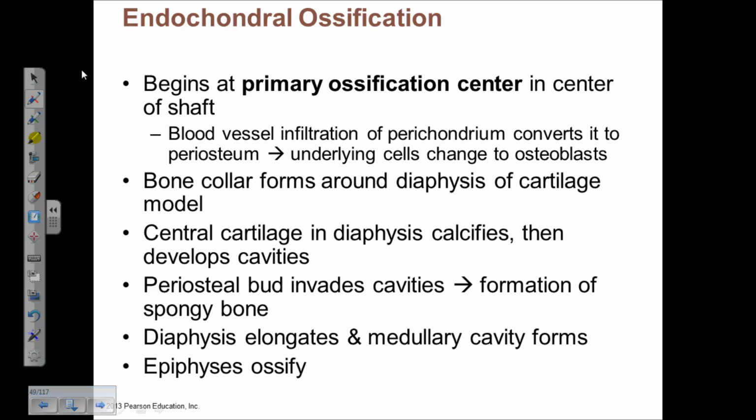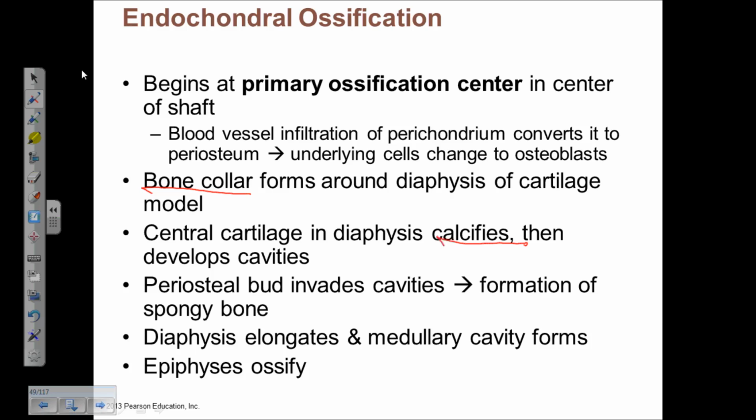Around the cartilage, a structure called a bone collar is formed. Pretty much it's the beginning of the diaphysis as a bone, and then the central cartilage in the diaphysis becomes calcified. When it becomes calcified, it starts to die and it develops a cavity, which later will become the medullary cavity.